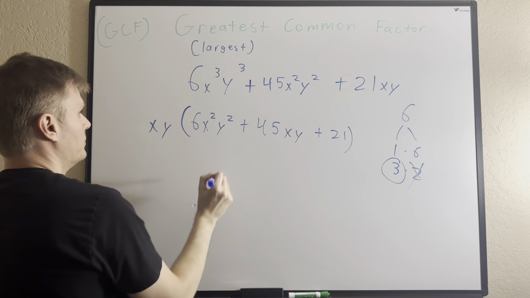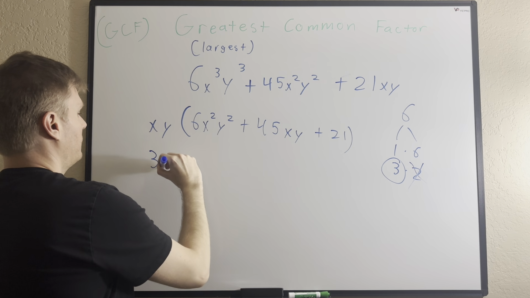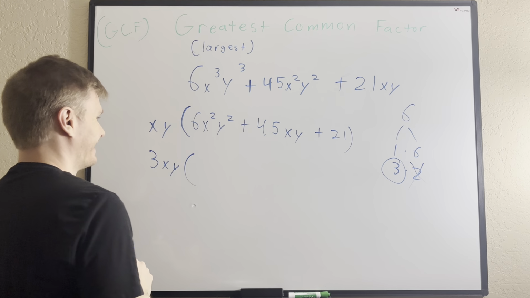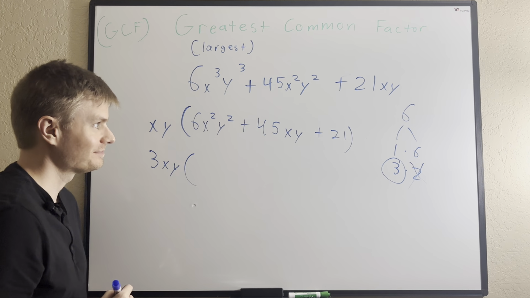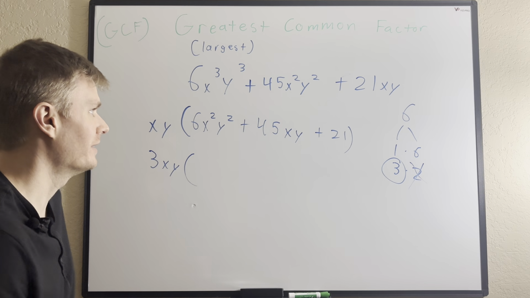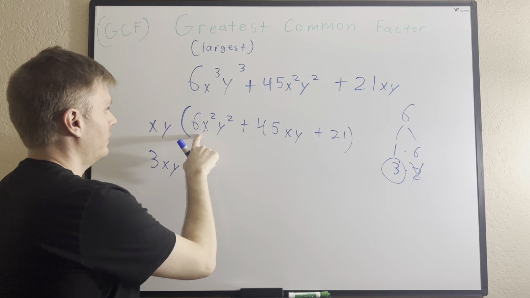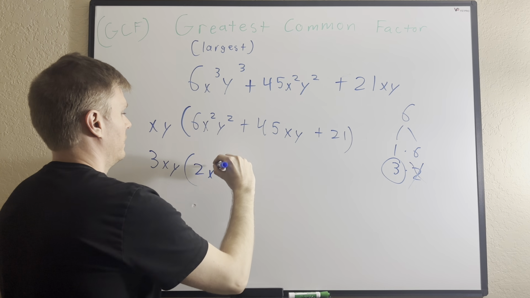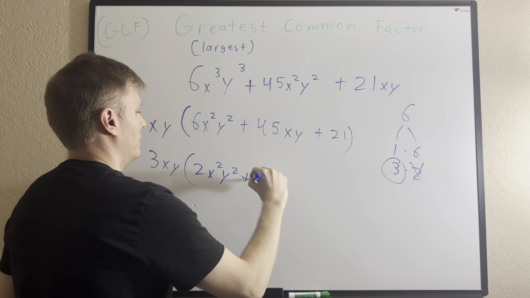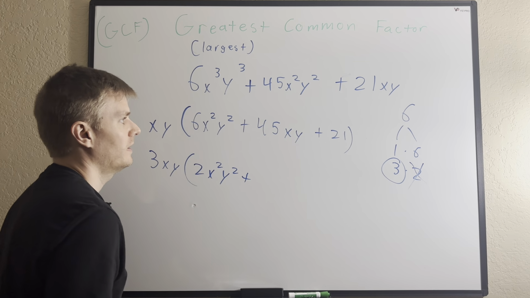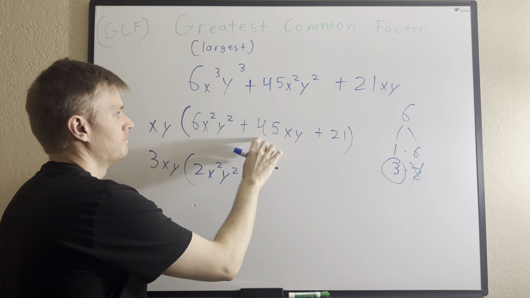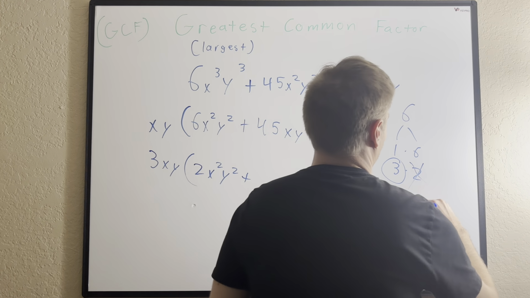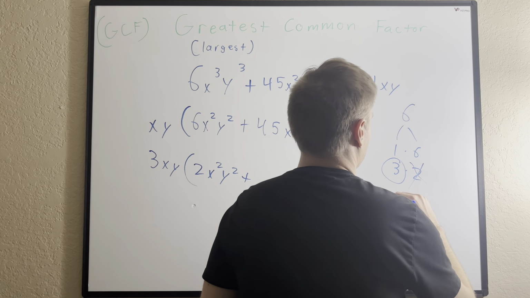So let's move that 3 out like we just de-distributed it. Sounds like something a tyrannical government would do. Okay, 6 divided by 3 is 2. 45 divided by 3. 3 goes, let me just do this over here.